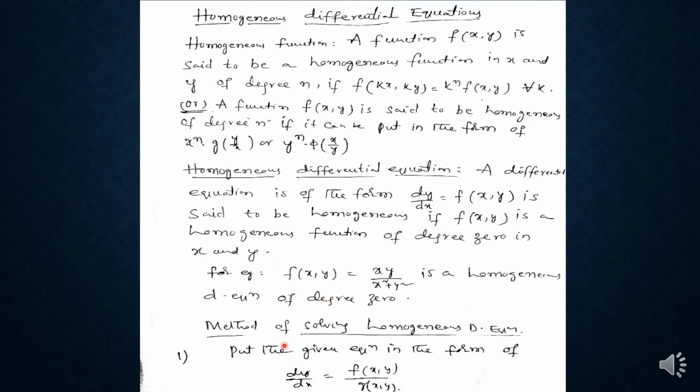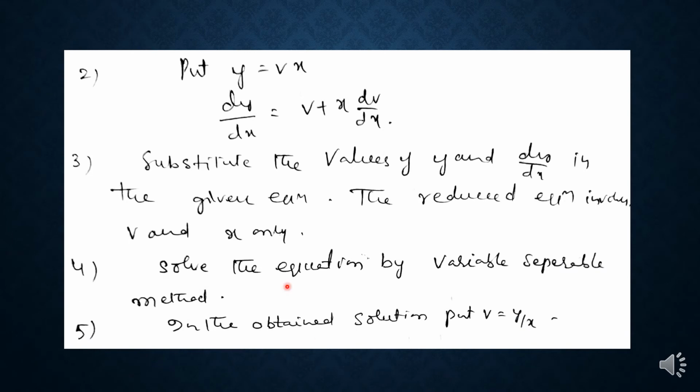The method of solving homogeneous differential equations is: write the given equation in the form dy by dx is equal to f of x comma y by g of x comma y. Then put y is equal to vx, where v is another variable. Then differentiating with respect to x on both sides, we get dy by dx is equal to d by dx of vx.